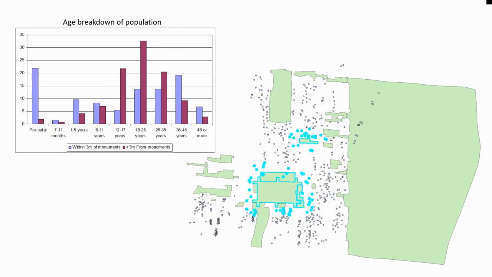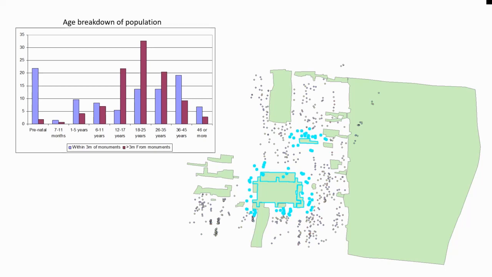Another one to look at is a combination of osteological data, in this case the aging of the burials and their distance from certain monuments of interest. So what we have here is the plotting of burials which are solely within a certain distance of the pulpit cross and its remains and the chapel, the 14th century chapel.